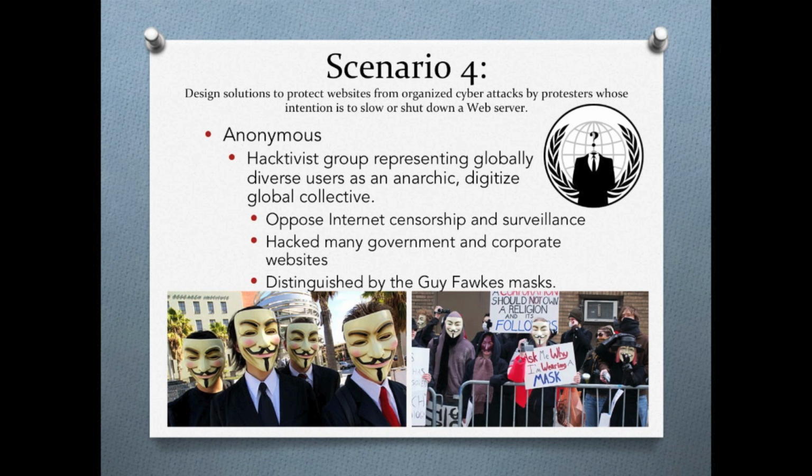Really what they are is they form together around a political objective and a political means, and they are anarchic, and they'll be the first to tell you that. They are all about anarchy when it needs to happen, when the motives justify it, the pragmatism, the ends justify the means in their minds. And they are truly a digitized collective, and they're global. They're across the world.